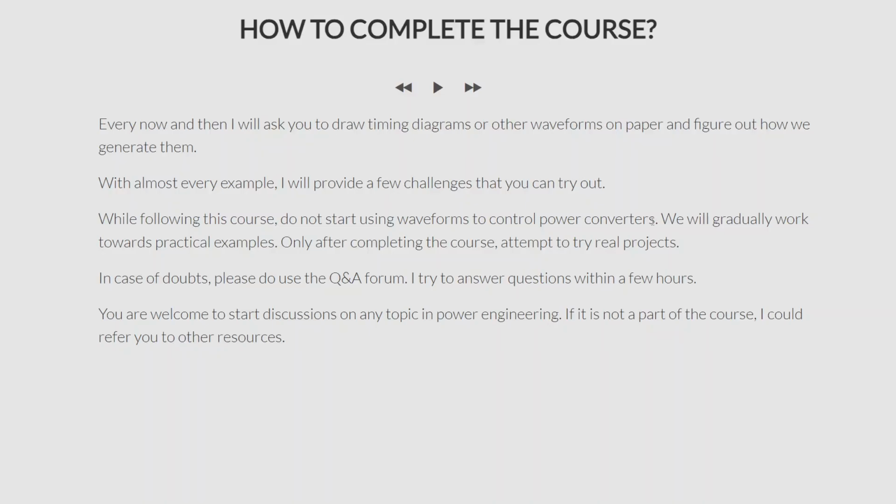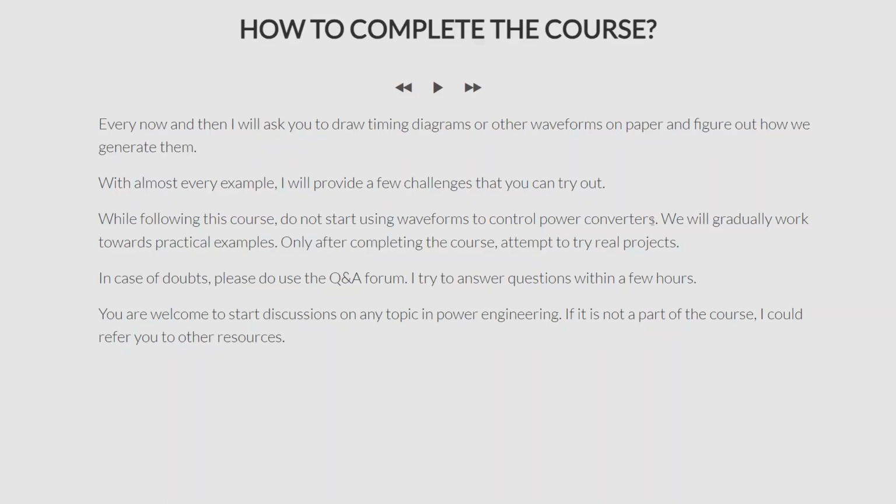Please do take the time to pause the video and take a piece of paper and draw these diagrams out on your own, draw these waveforms out on your own, and try to figure out what I ask you to figure out. Because it is important that you not only watch these videos, but you also work parallelly and try to figure out the actual electronics and the basic microcontroller hardware that is actually being used.